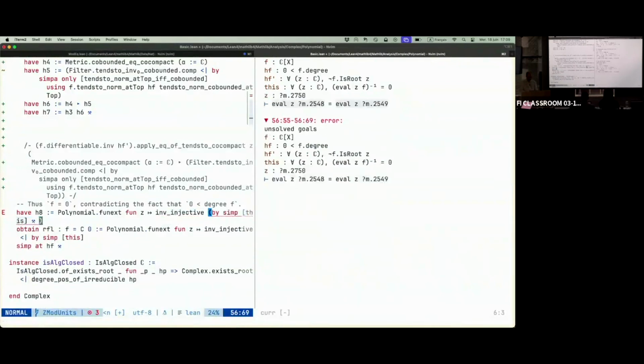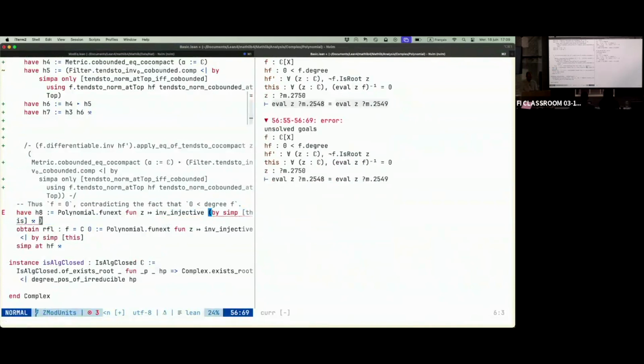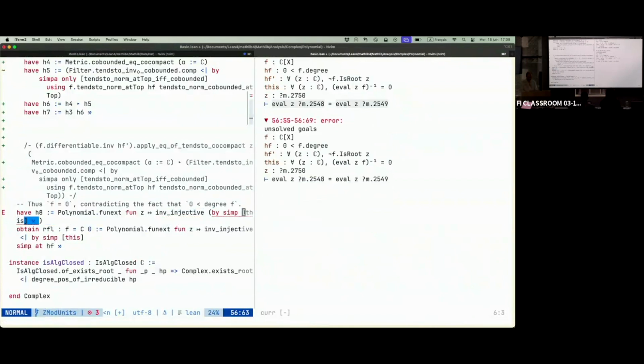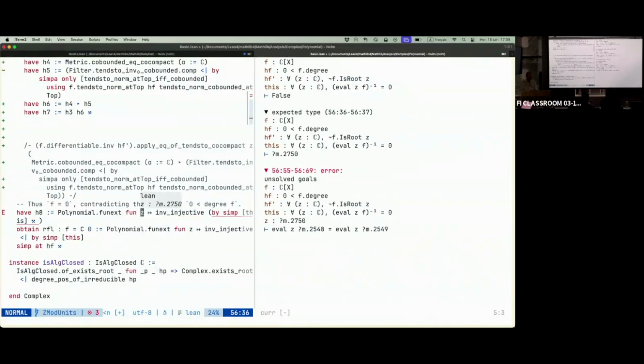What did I do? That doesn't work. Probably it's not clear where the problem is here. Maybe it means the type annotation. Yeah, F equals C of 0.